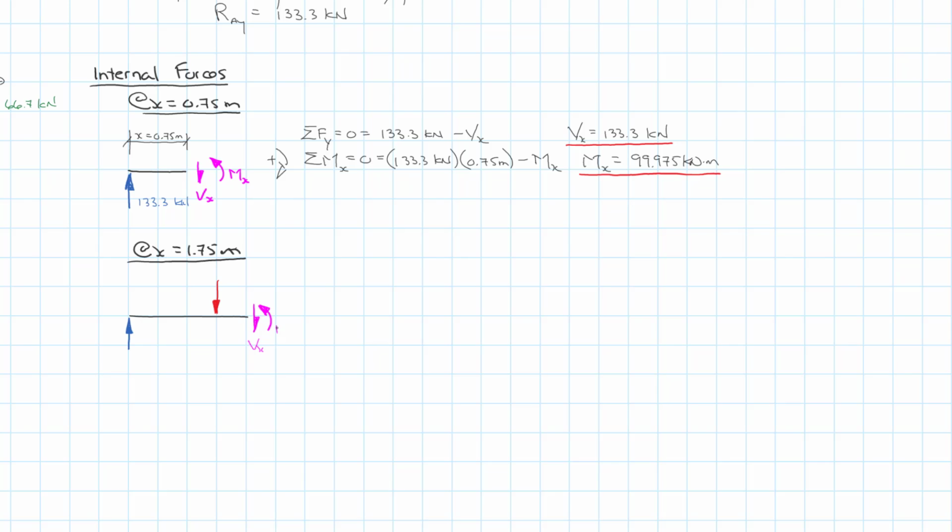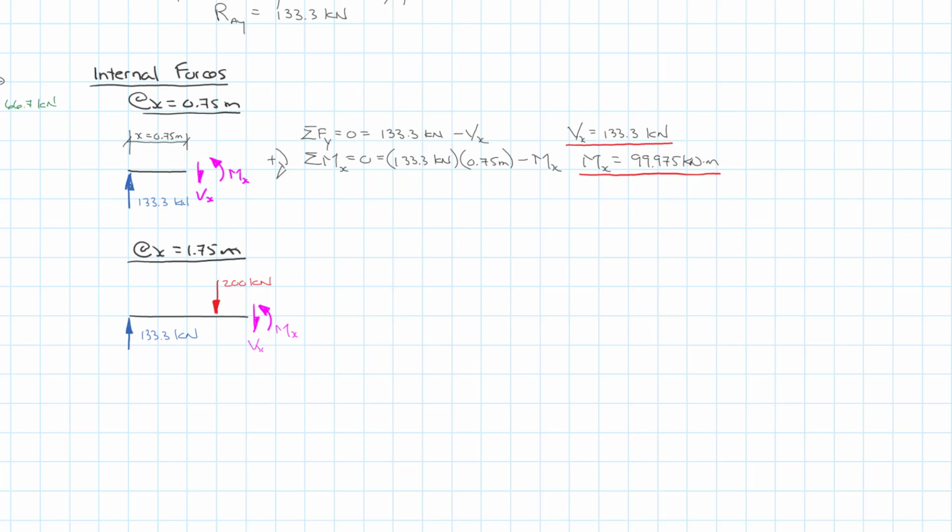So our V at x, our M at x, our 200 kilonewtons, and our 133.3 kilonewtons. So the partial free body diagram is a little bit more complicated because we now have the 200 kilonewtons off to the left-hand side.